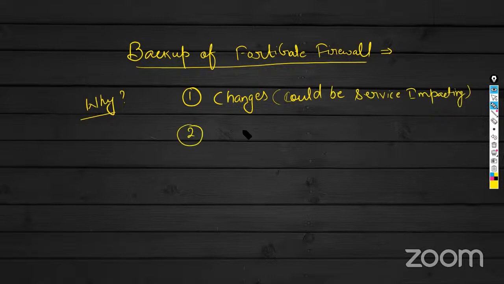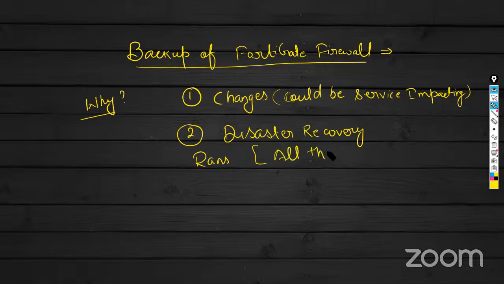Another thing is disaster recovery. Whenever we talk about disaster recovery, it means, let's suppose you got a ransomware attack in your environment, and because of that, all the things got encrypted in your environment.